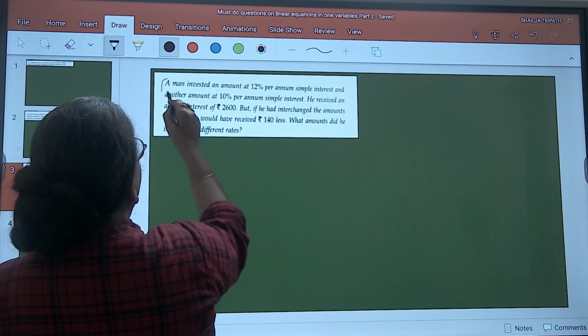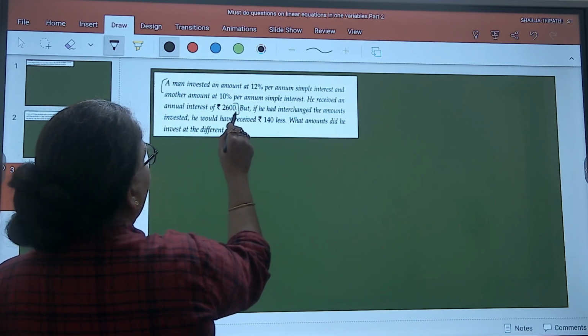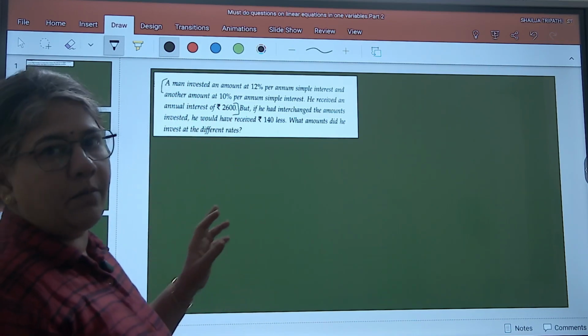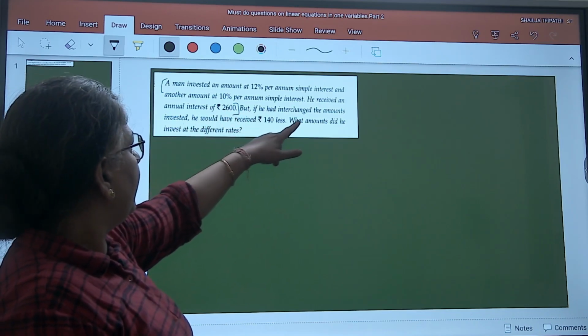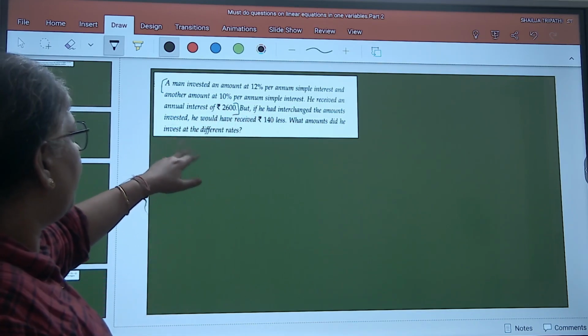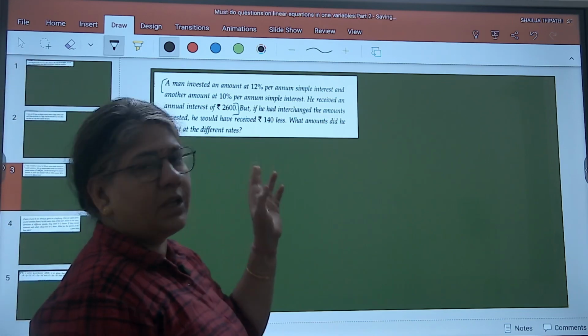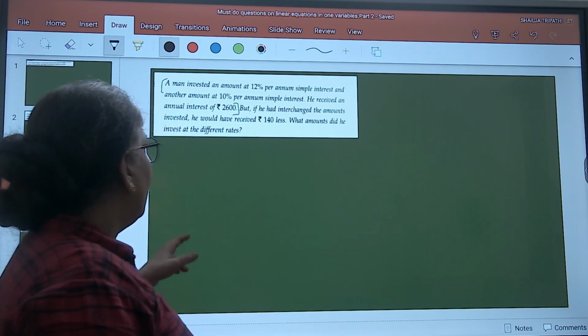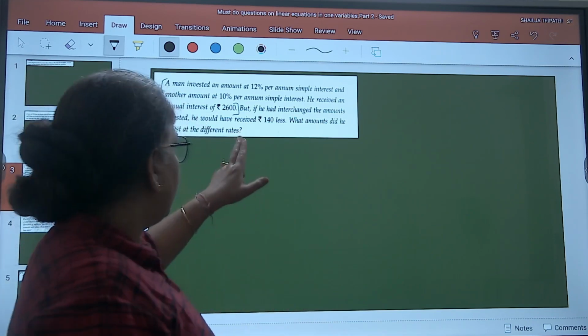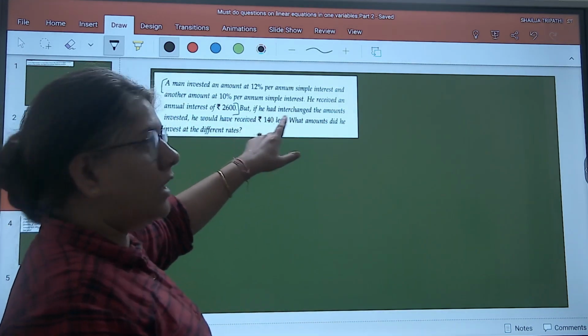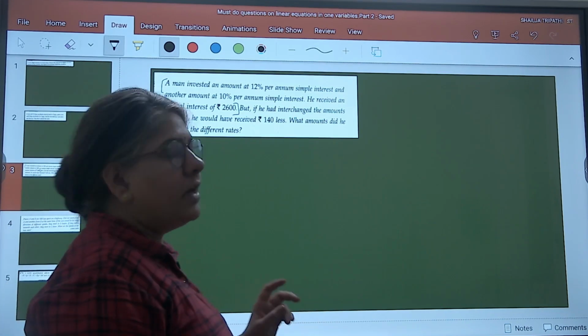That is, this much part of the information till the full stop will help us to form first equation. See, but if he had interchanged the amounts invested, he would have received rupees 140 less. What amounts did he invest at different rates? So the next part of the information will help us to form second equation.